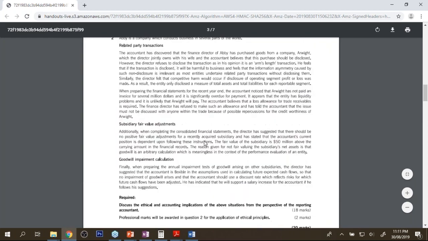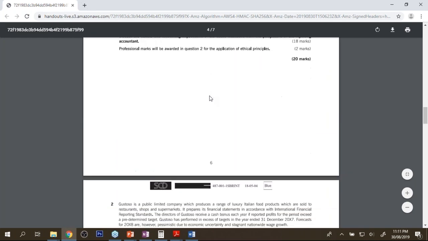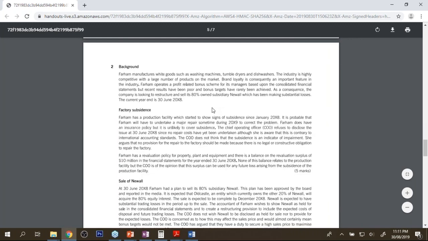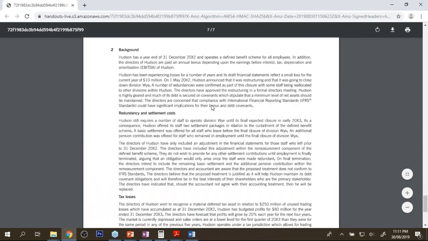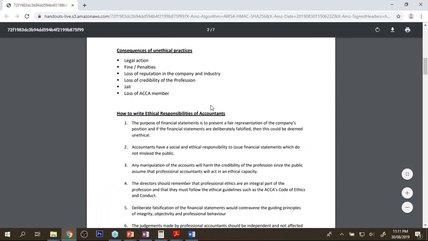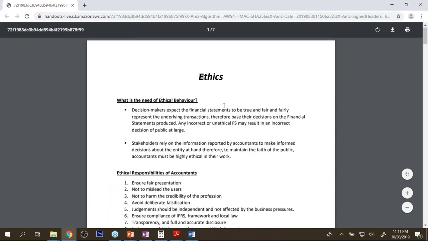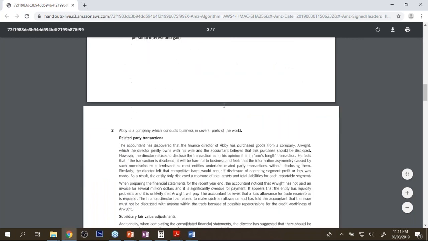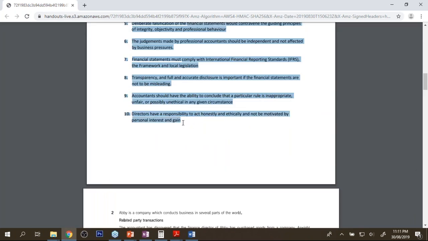And after this, we have 5 different questions of ethics: 1, 2, 3, 4, and 5. So these are 5 questions, 2 of the pilot paper, 3 of the actual exams. So based on these concepts of ethics, we can actually solve the questions.